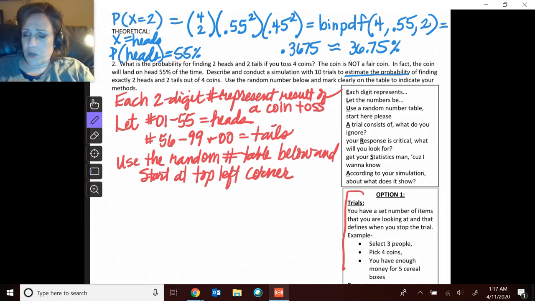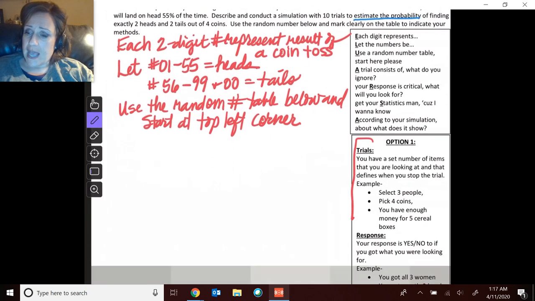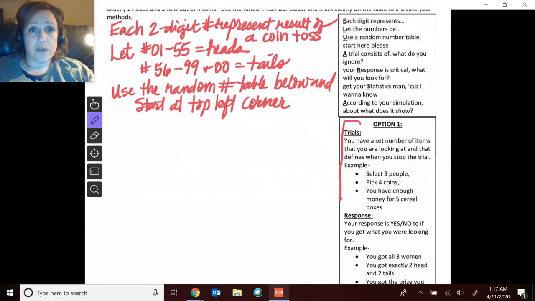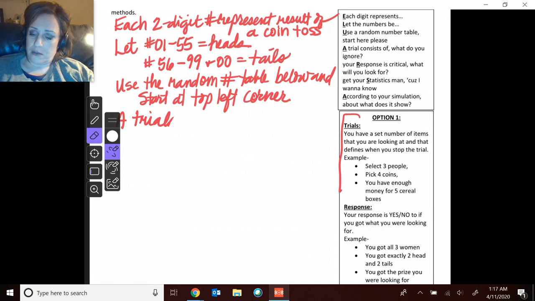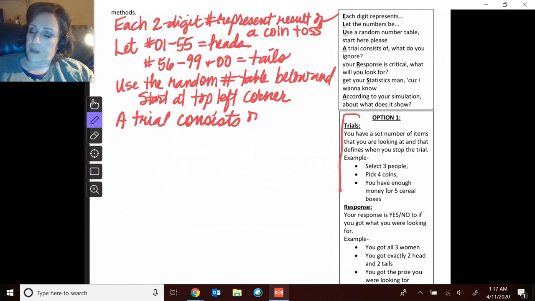So what do we have here? I think we have this situation where we're flipping the coin 4 times. So a trial consists of flipping the coin 4 times.